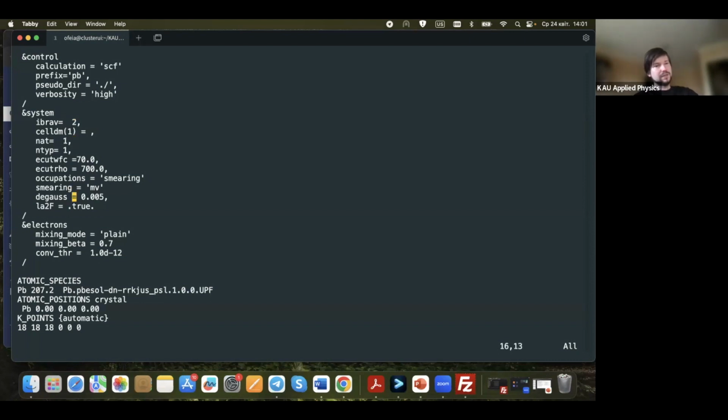And the thing here is this la2F true. It means that we allow these results to be stored in a file in the form which the routine for electron-phonon interactions can then read and use for further calculations.